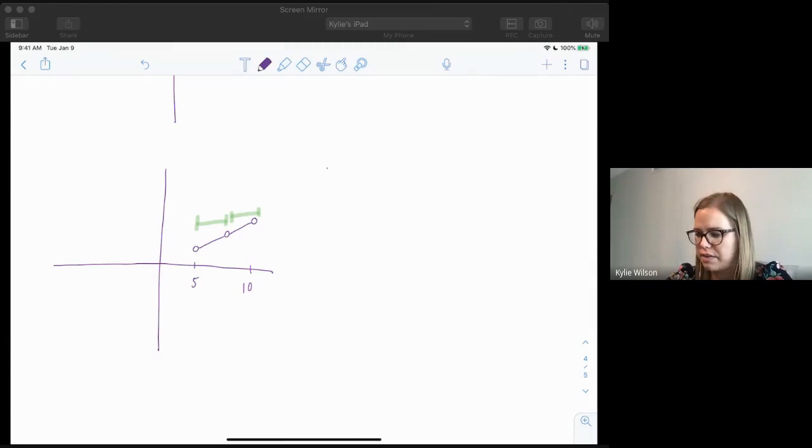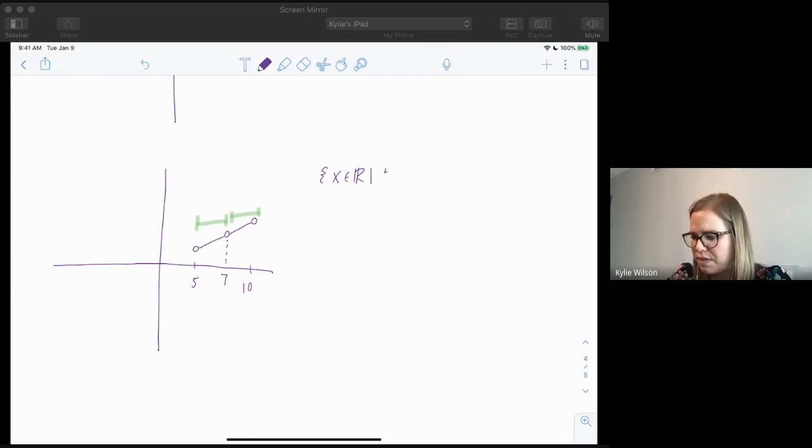So what I would say for my domain is x is still an element of real numbers because it is connected in a line. But we kind of have two domain chunks. Let's say this dot was at, I don't know, 7. I'm just kind of making something up.